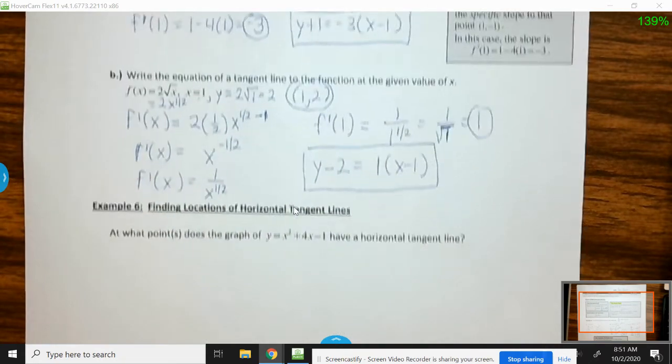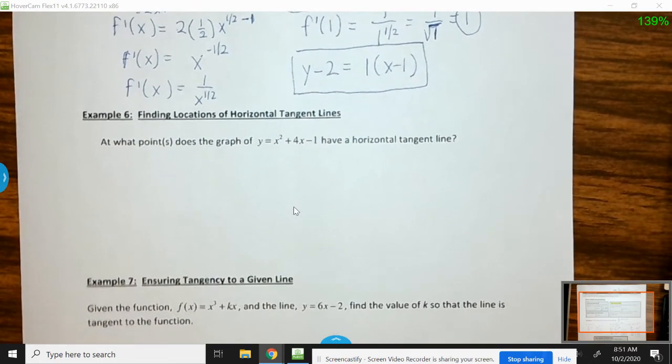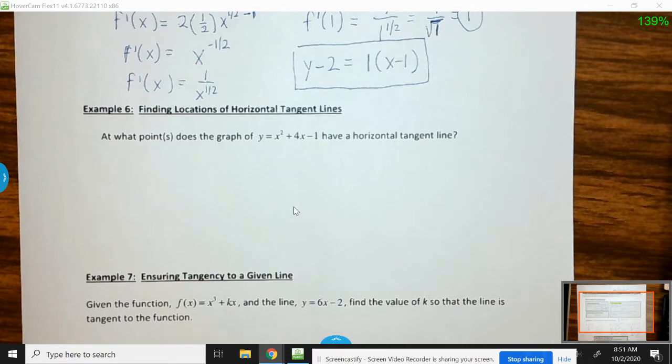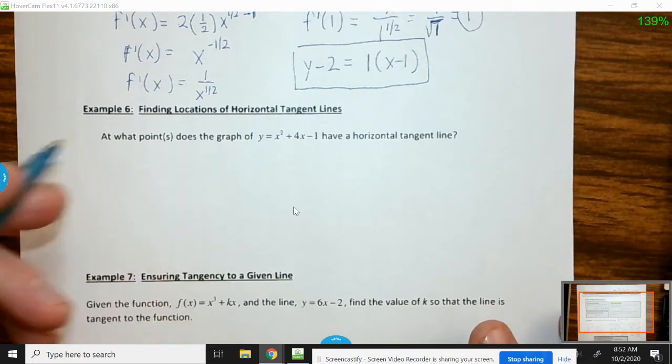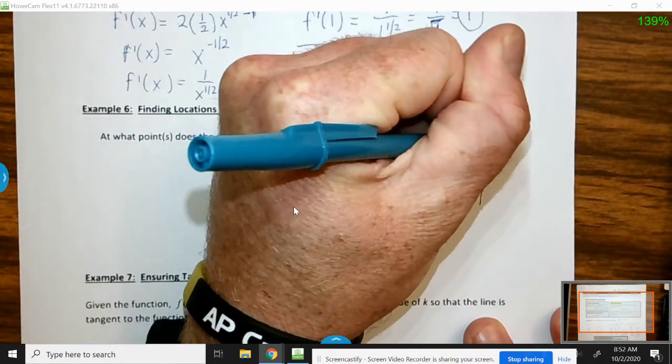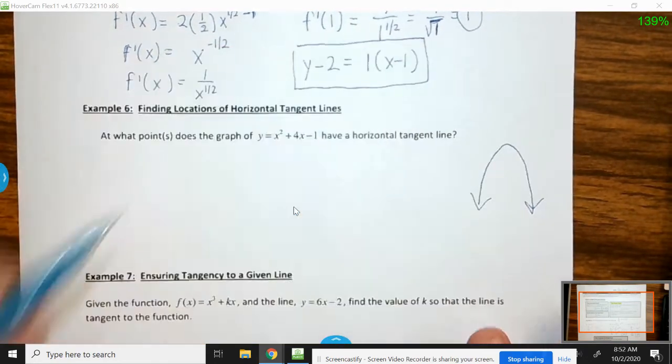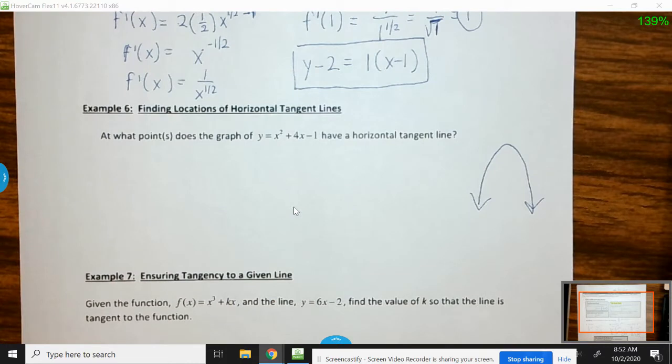Just a couple other things, a couple applications, and then we'll call it a day. Now, finding locations of horizontal tangent lines, right? Let's think about what a horizontal tangent line is. And we've come across it a little bit. Remember, let's just look at a very general sketch of an upside down parabola.